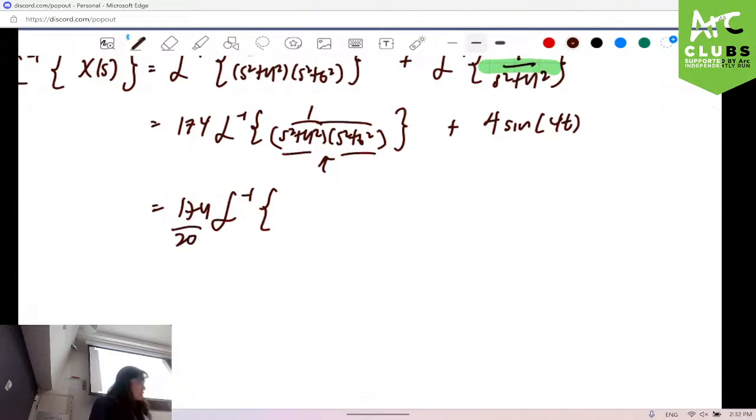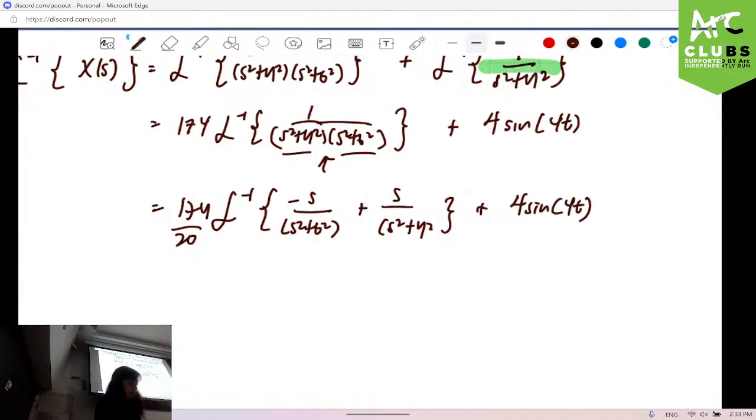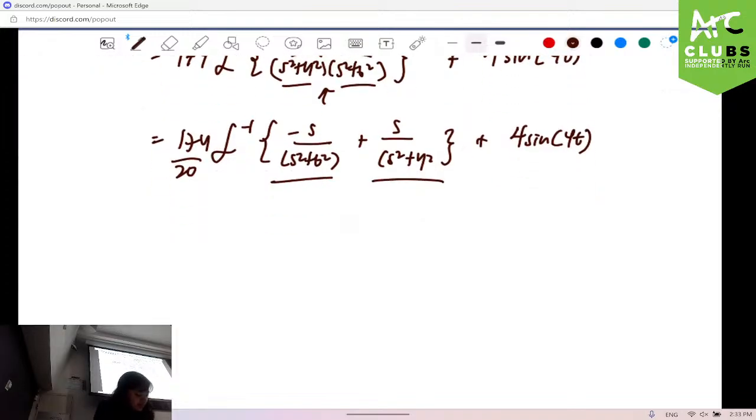So I'm just going to take the 1 over 20 out, and you do minus s over s squared plus 6 squared plus s over s squared plus 4 squared. What does this look like? The cos. Good job. So 174 over 20.